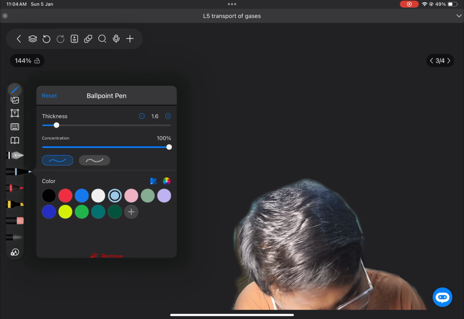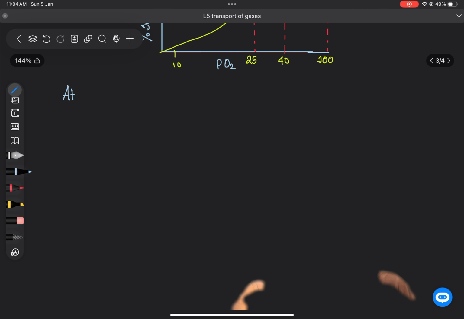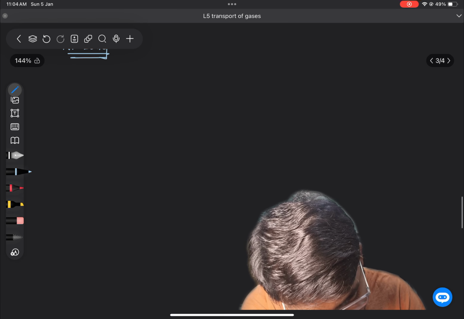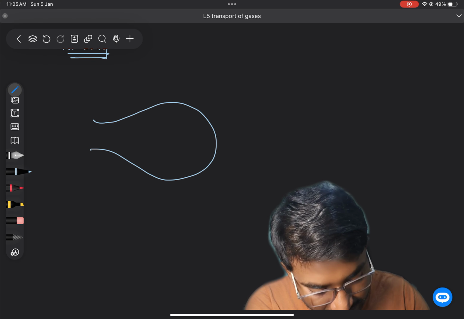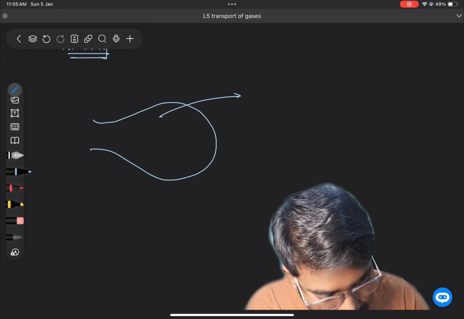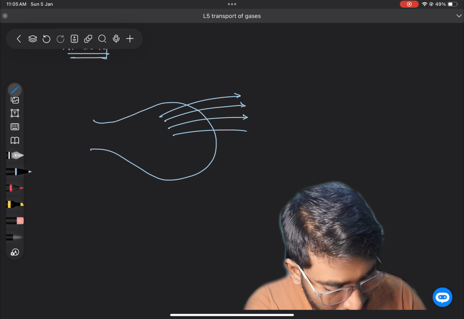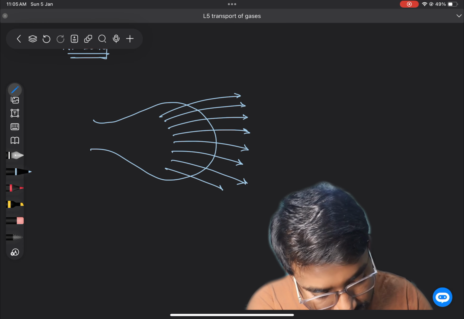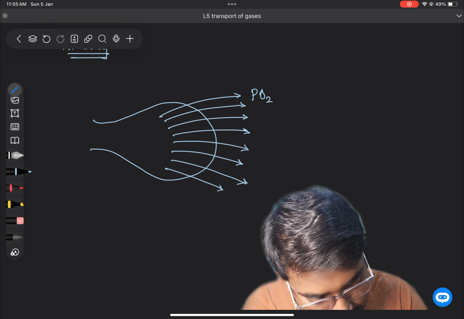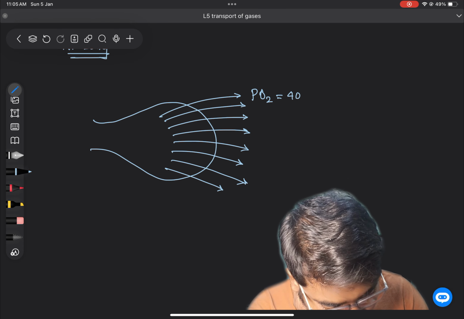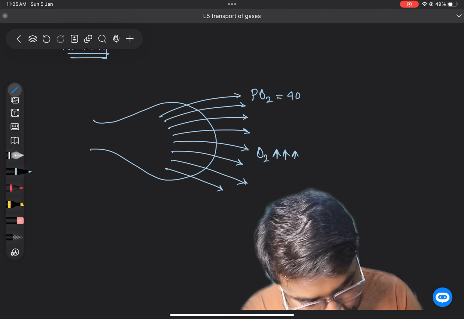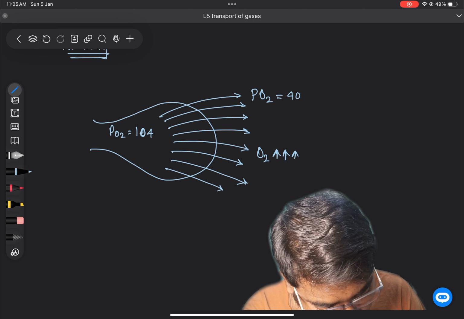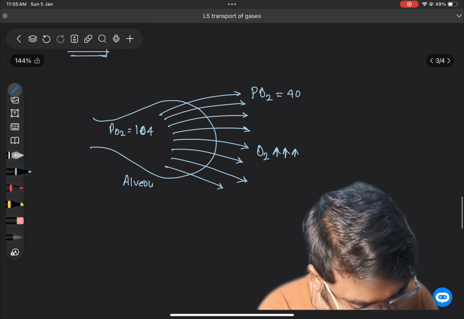At lungs, what happens at lungs? Partial pressure of oxygen equals 40, O2 rising, PO2 equals 104, in the alveoli.